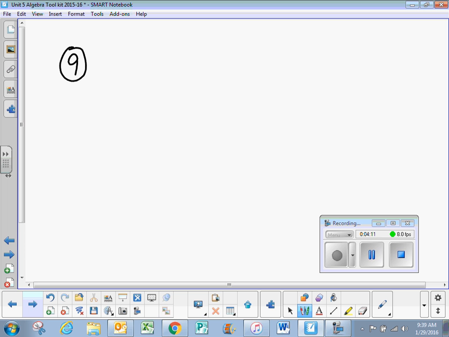Number 9. We have an OR this time. ORs I find to be a little simpler because they're already separated out for us. All right. The graphing is a little different. I know some of you are still trying to differentiate between the two, so this will be a good example to go over.